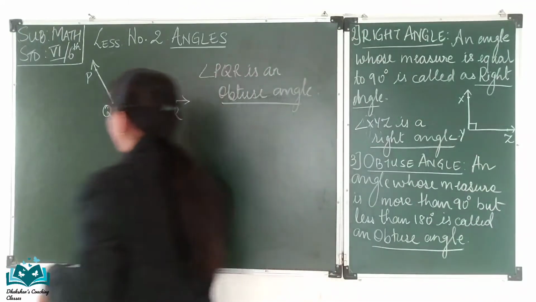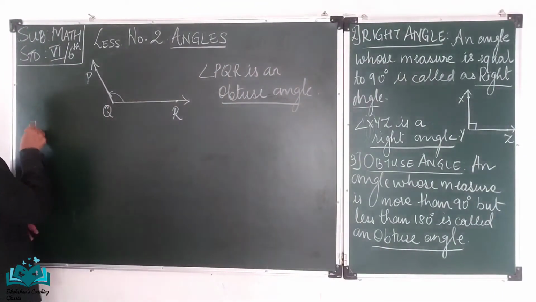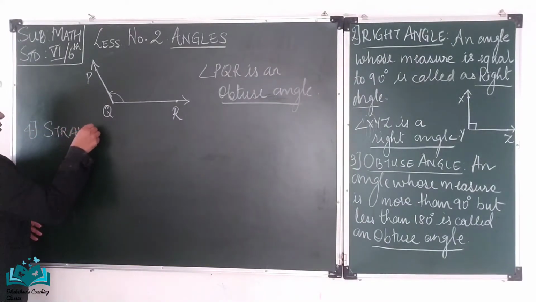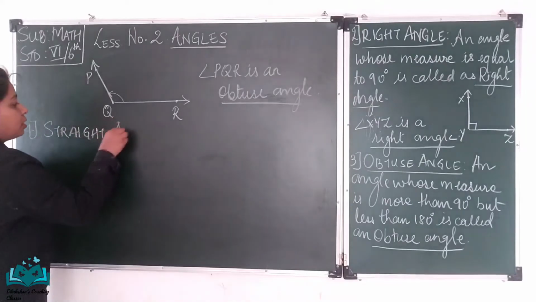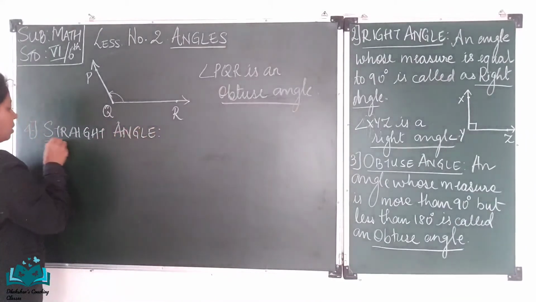Okay, so the next type is what? The fourth type of angle is your straight angle.